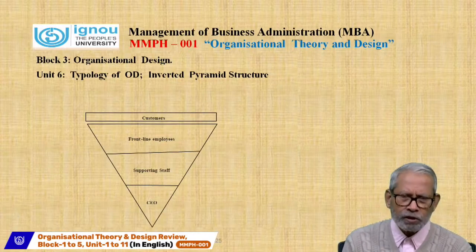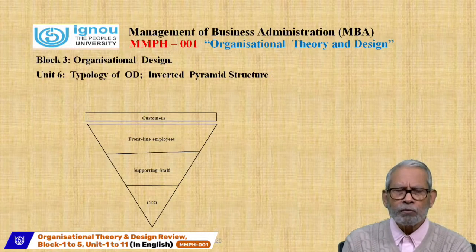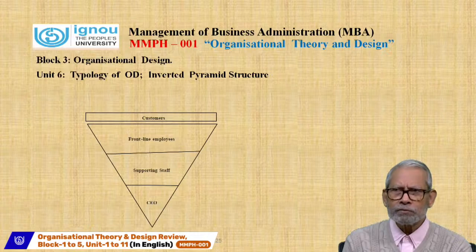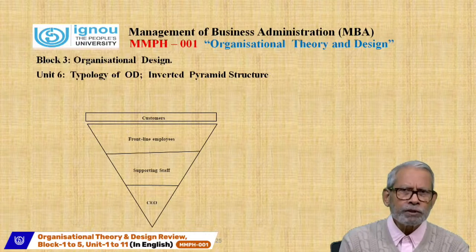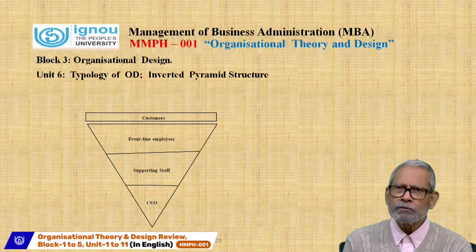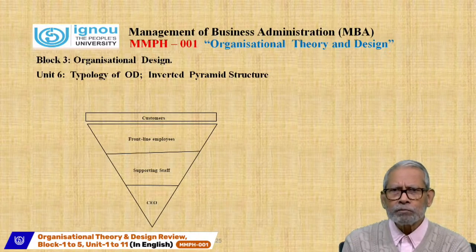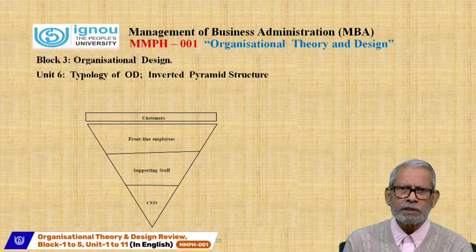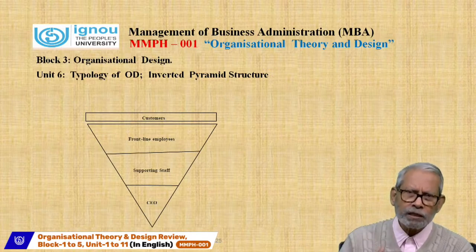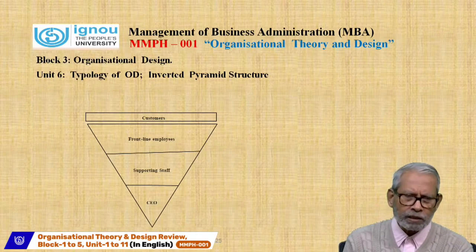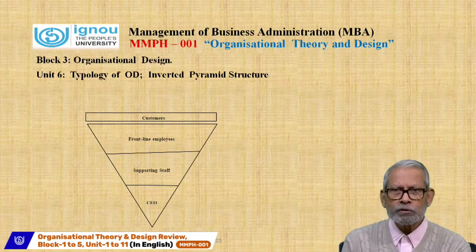And another is the inverted pyramid structure. That is applicable where the companies are directly customer oriented, directly dealing with the public, like Amazon, Flipkart and others, which are service-nature companies. There the customers are very important, and the frontline employees are responsible for solving problems and for the decision-making process.